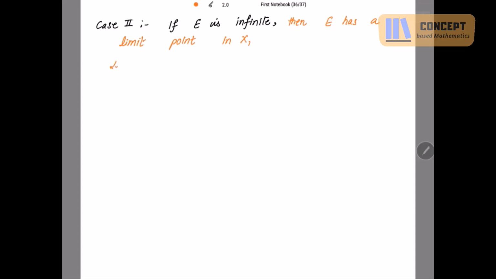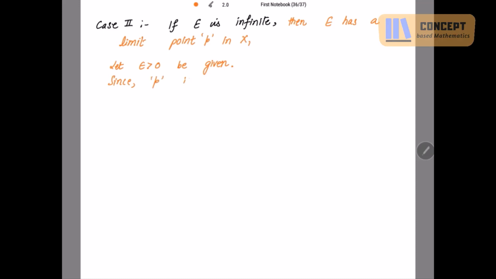Now let epsilon positive be given. Say P is the limit point of E in X.